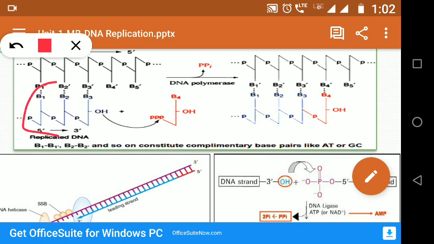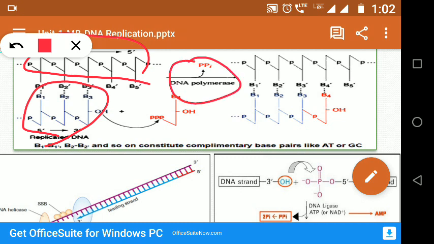The RNA primase enzyme synthesizes an RNA primer. So this is the primer. This is the template strand. So now the DNA polymerase, what it does, it will add a new nucleotide at the 3' hydroxyl end of the RNA primer.